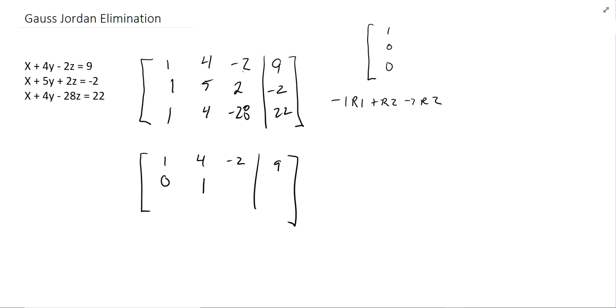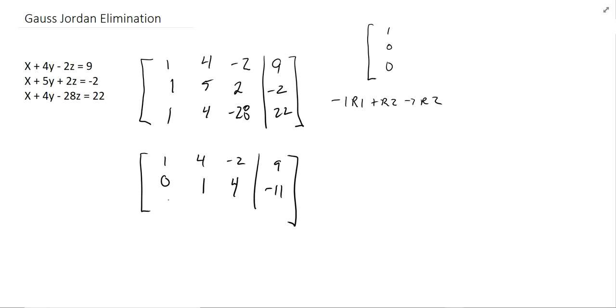Negative 1 times negative 2 is a positive 2, which when I add to the 2 in row 2, I'm going to end up with 4. And then negative 1 times 9 is a negative 9, plus negative 2 is negative 11. So we've got to be careful with our arithmetic there. Sometimes it kind of helps to do different things there. So I've got the 1, the 0, and then I've got that bottom row to fix.